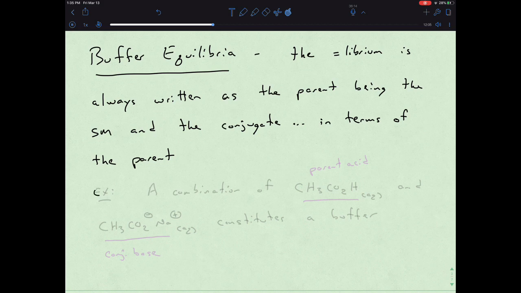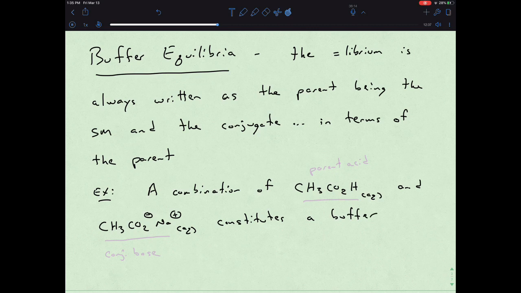So as an example here, a combination of acetic acid and sodium acetate constitutes a buffer, right?